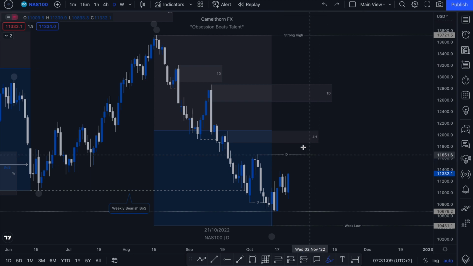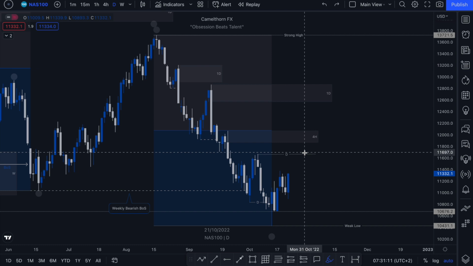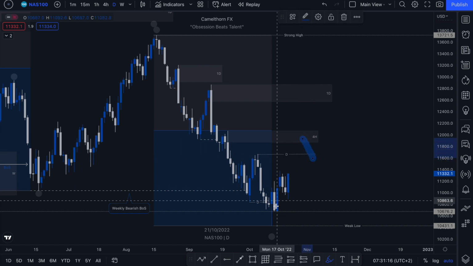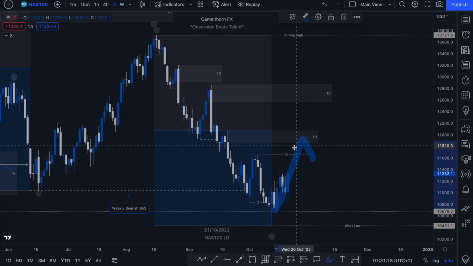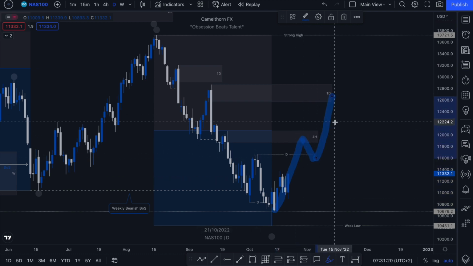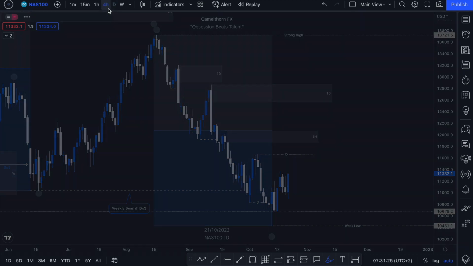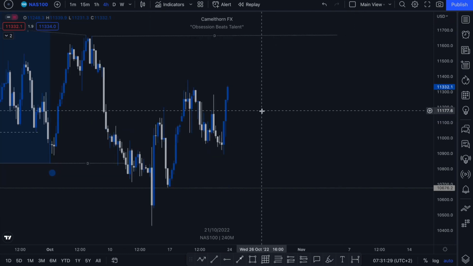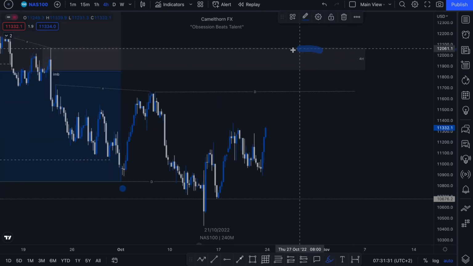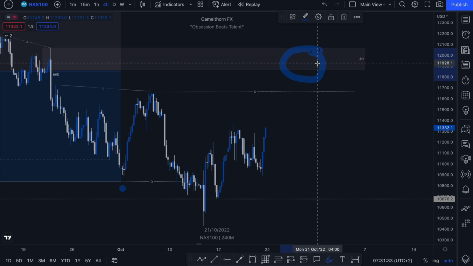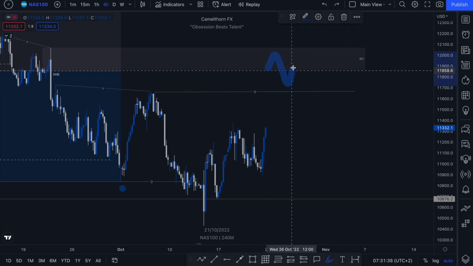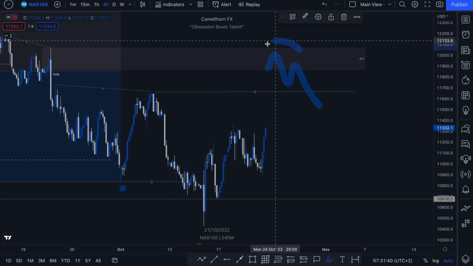But I do think that this 4-hour zone could be the zone that gives us just a little bit of bullish relief after we see that change of character before price action continues. Now, because I am anticipating that, what you could then do from an intraday point of view is, once price action pulls back into this supply zone, look for some kind of entry model to be satisfied in here, right?